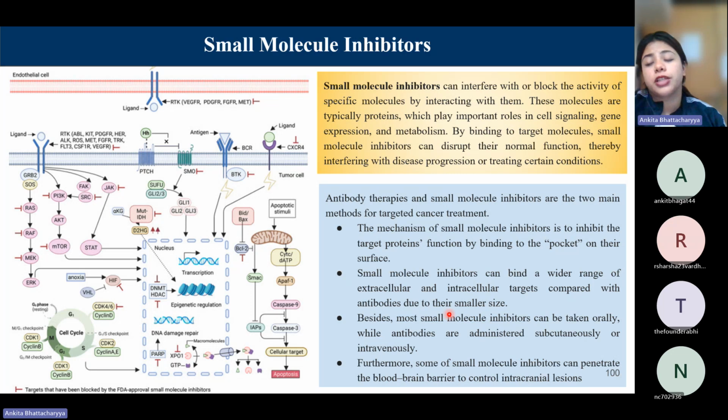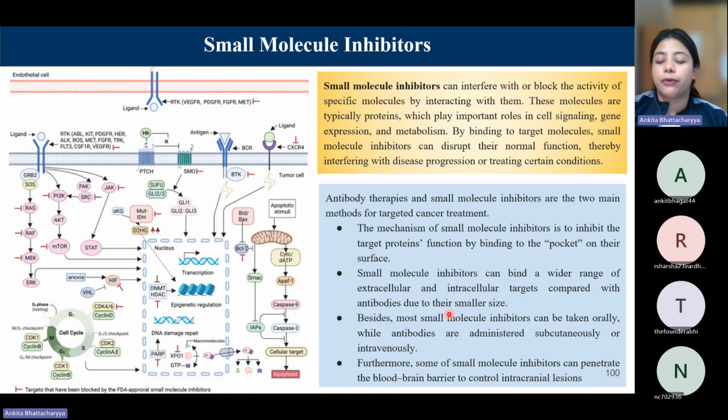Say, for example, a protein is very intricately folded, so it has a lot of smaller folds. An antibody, because of the way it is structured, if you've studied antibody structure, you would know that it has a lot of disulfide bonds, which give it a unique rigid structure. That rigid structure often poses steric hindrance and it cannot always access inner pockets within proteins.